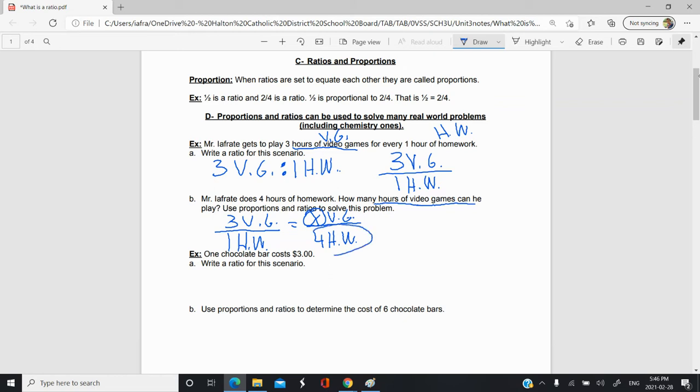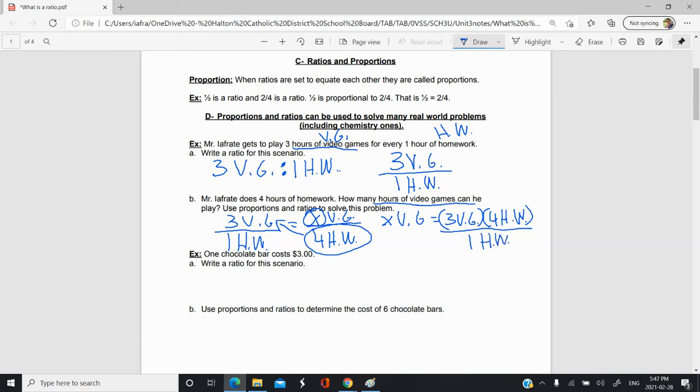I can send this value to the other side up here, and it becomes a multiplication. So I get X number of video game hours is equal to 3 VG, it's a unit, multiplied by, when you put them in brackets like this, it means multiplied by 4 homework, divided by 1 homework.